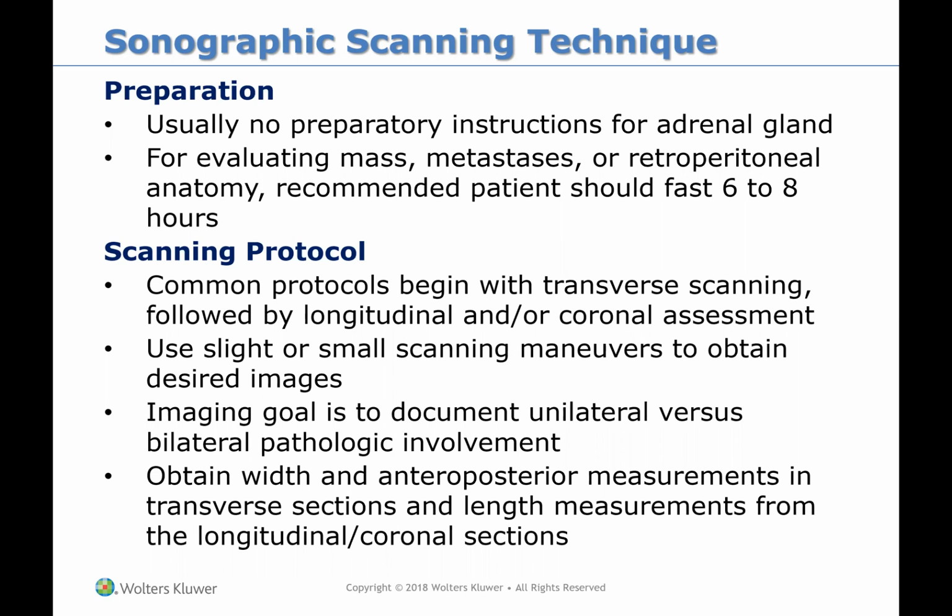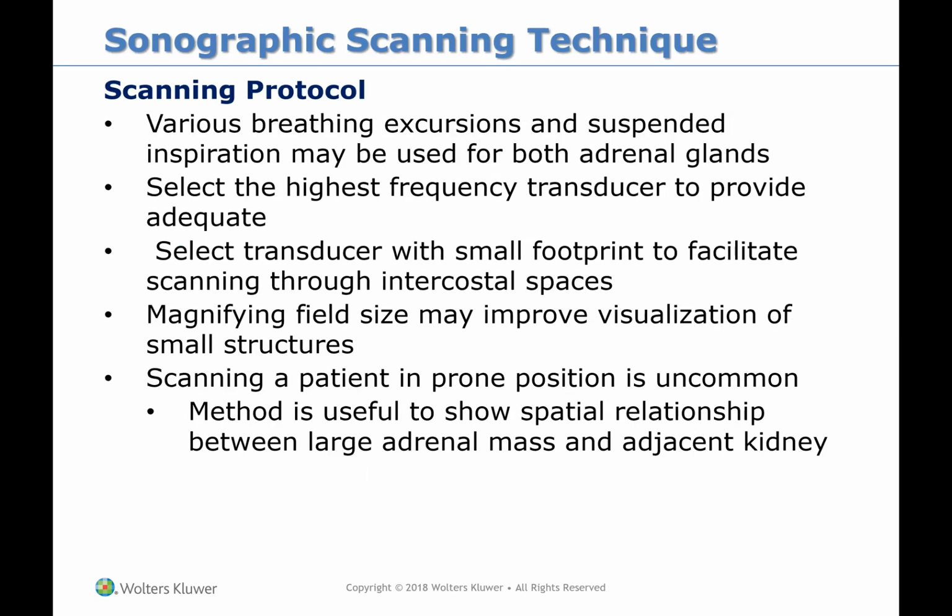So common protocols begin with transverse scanning followed by long. And the imaging goal is to document unilateral versus bilateral pathology. Now that you know today what your adrenal glands look like, you should try to give it a shot on one of your classmates to see if you can find them. They're pretty difficult to find if there's nothing wrong.